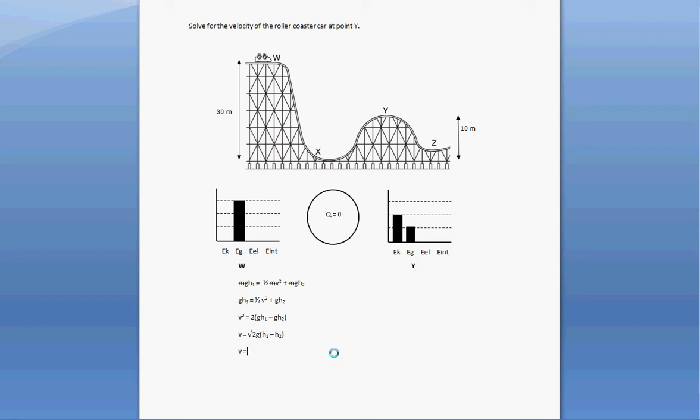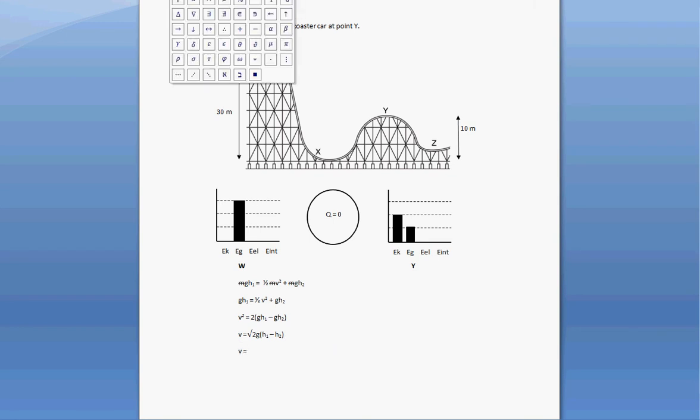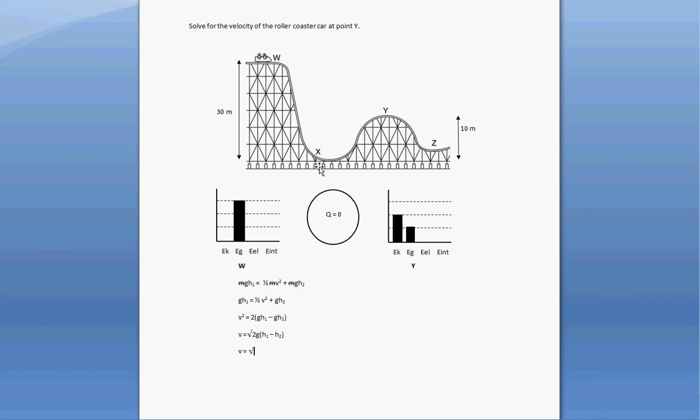Now we're just going to plug in our values to our simplified equation. So 2 times 9.8. h1 is this height, so that's 30. And h2 is this height, so that's 10. All right.